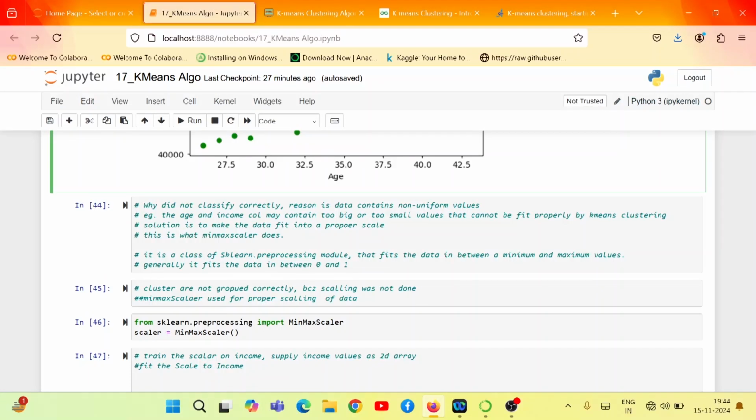For that, we use MinMaxScaler, right? MinMaxScaler is a class present in the sklearn preprocessing module that fits the data in between a minimum and maximum value. Generally, MinMaxScaler fits the data in between 0 and 1, right?